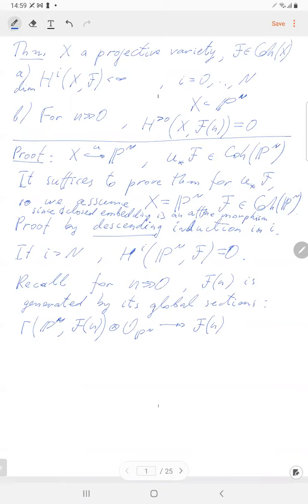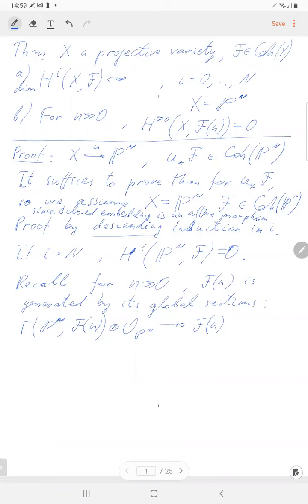When we described the coherent sheaves on projective varieties as localization of graded modules, these graded modules were finitely generated, and so the generators occurred in some finite number of degrees up to this small n, and this small n would work. This is an outline of this old argument.